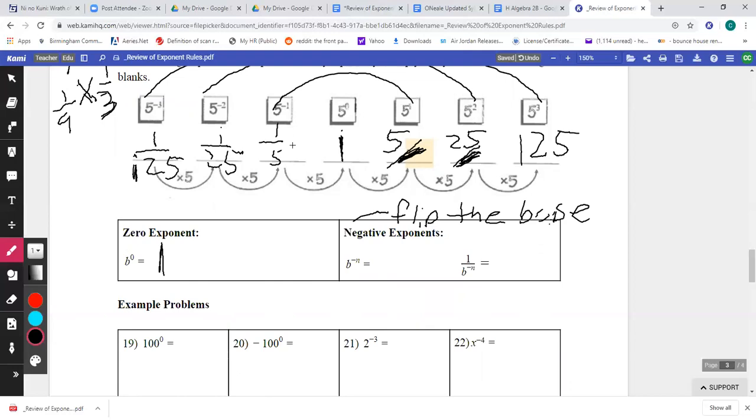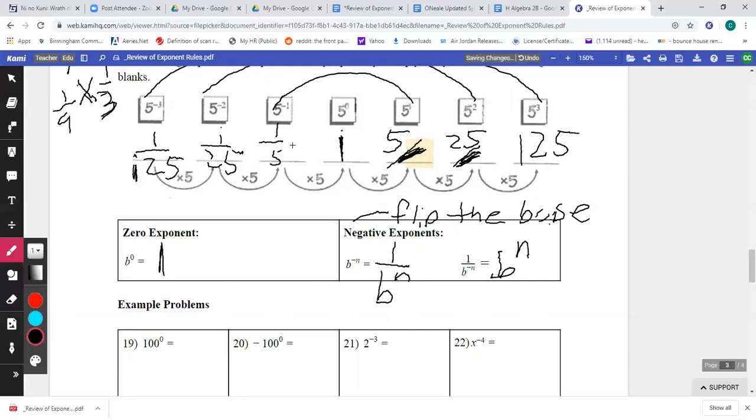So b to the negative n actually becomes 1 over b to the n. And when you flip it, the negative exponent is no longer negative. It becomes positive. And then on the right, 1 over b to the negative n, it's going to flip. So it's going to go on top now, and this is just going to be b to the n.